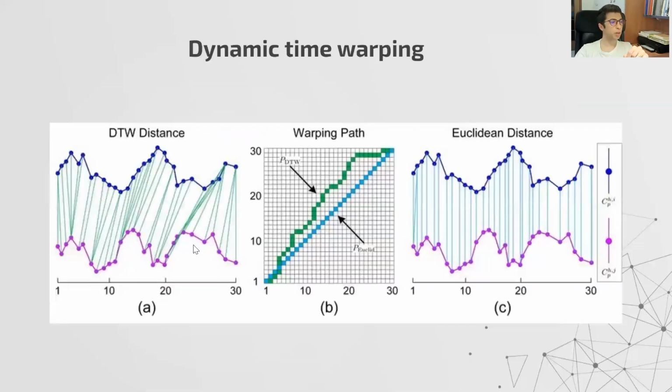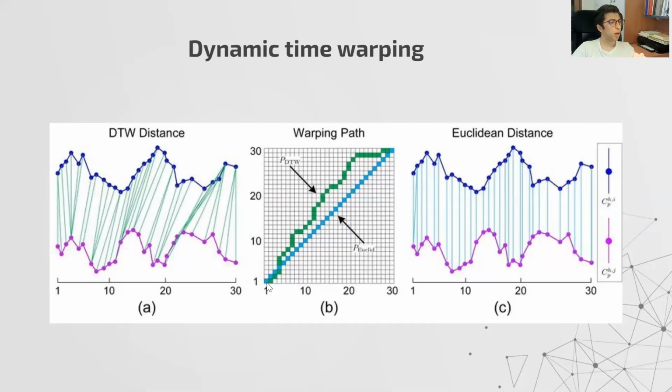So in order to be clear, I also reported this image. Let's consider these two time series, blue and pink, or violet. Let's consider the x-axis, the one of the blue line, and the y-axis, the one of the purple.